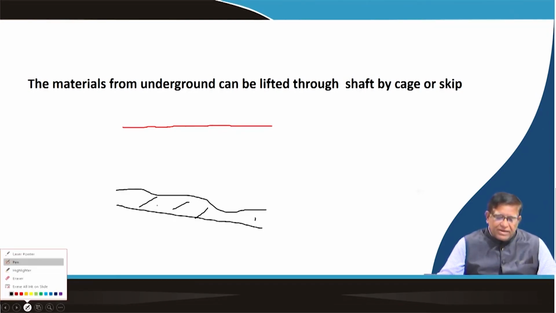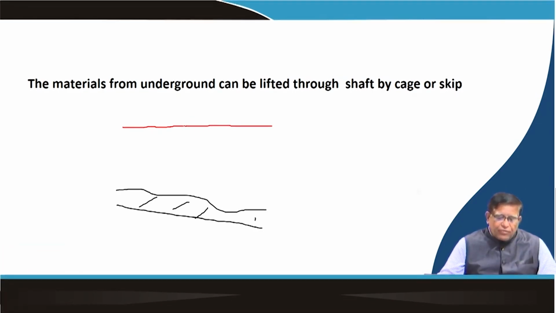In your method of mining, you can have a vertical access to this pit, which is called a shaft. When you make a shaft, then to get this coal you will be making some horizons.